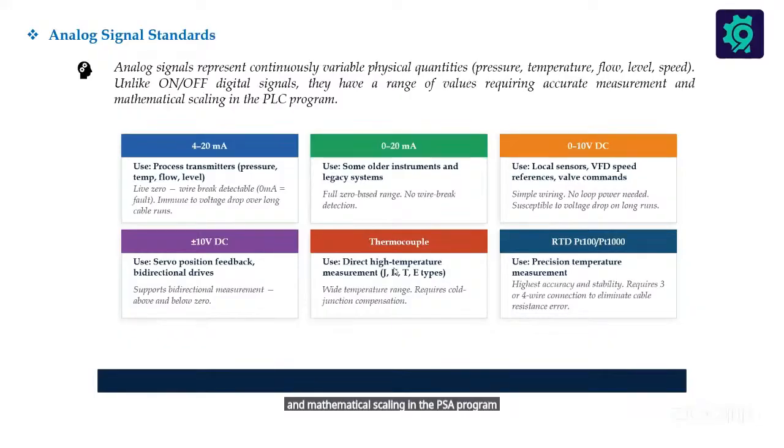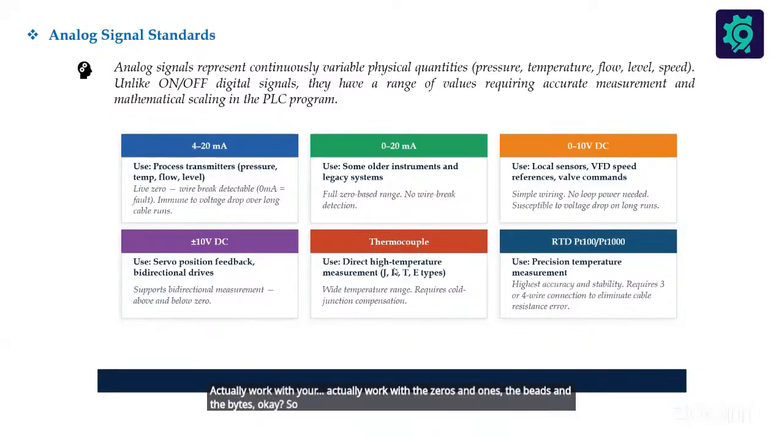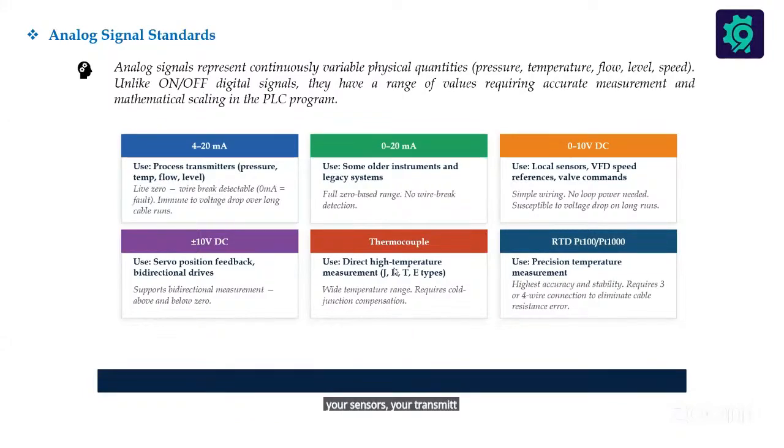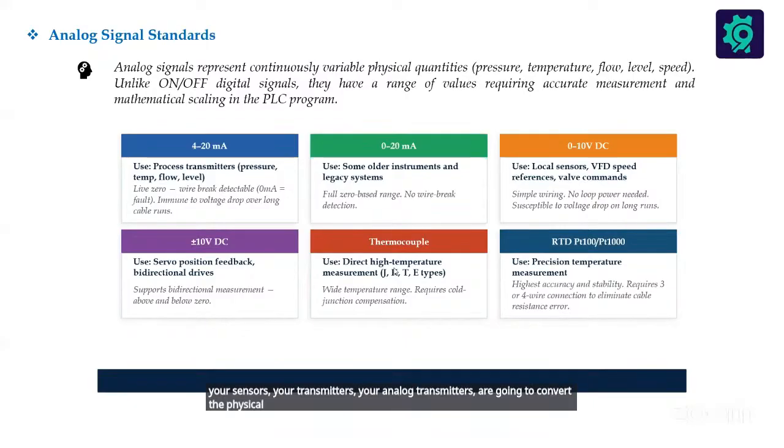On Thursday, I discussed that your PLC actually works with the zeros and ones, the bits and the bytes. So your sensors, your analog transmitters are going to convert the physical quantities into an electrical signal, which can be 4 to 20 milliamps, 0 to 20 milliamps, 0 to 10 volts, plus or minus 10 volts.